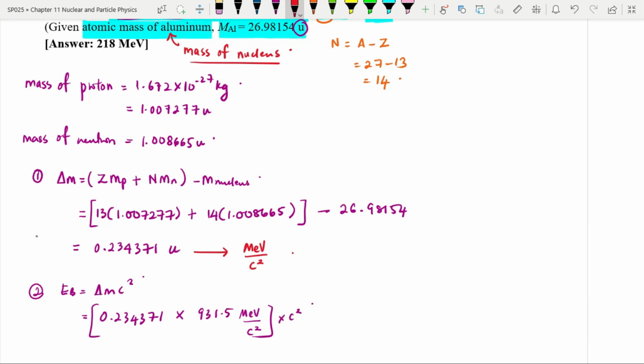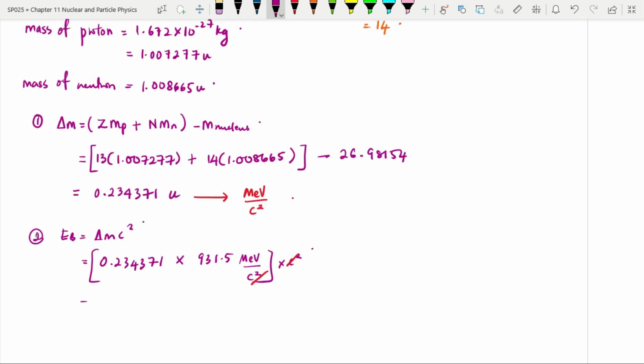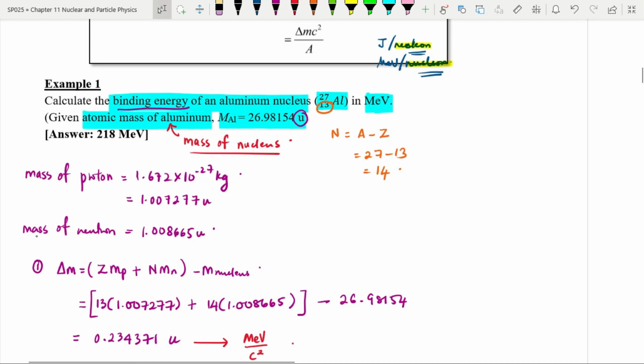Ni method yang saya ajar sebelum ni dalam page sebelumnya. So terus kita akan dapat jawapan 218.32. Decimal point mungkin akan slightly different lah. So jawapan dia saya letak 218 dekat sini, mega electron volt.